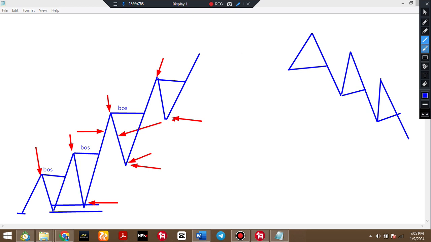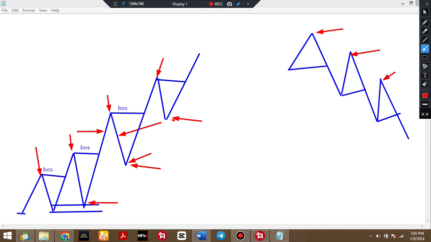Why do we say higher low? This low here, this higher low, this one, this low, lower low and higher low, lower low. This low is higher than this. This one is higher than this.